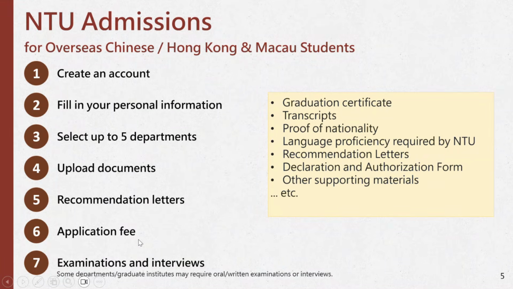If you apply for 1 or 2 departments, the fee is 1,500 NT dollars, and if you apply for 3 to 5, you will have to pay 2,000 NT dollars. Please note that some departments may have a written exam or oral exam, and you have to check our website for the latest information.